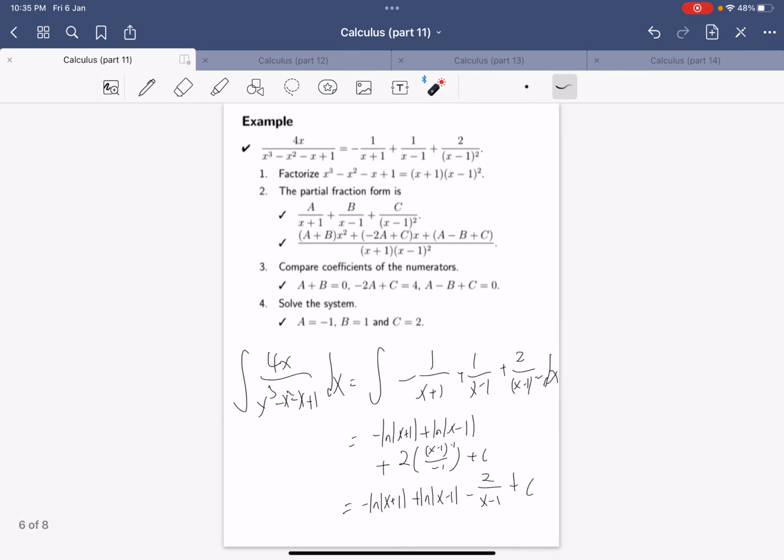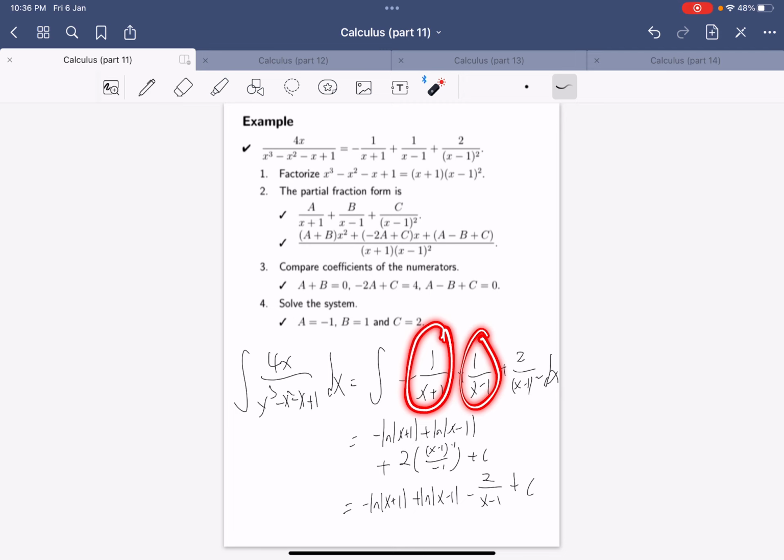So how do we solve it? Well, we just make it into a common denominator, and we see that the numerator must equal 4x. So we equate this with 4x and compare coefficients. Then we solve the linear system to get certain values, and then we just integrate them afterwards, which is easier to do because 1 over x plus 1 we can integrate with the ln function.